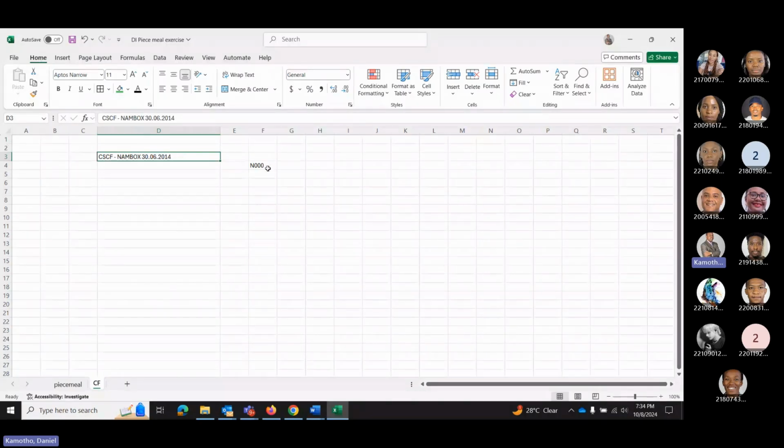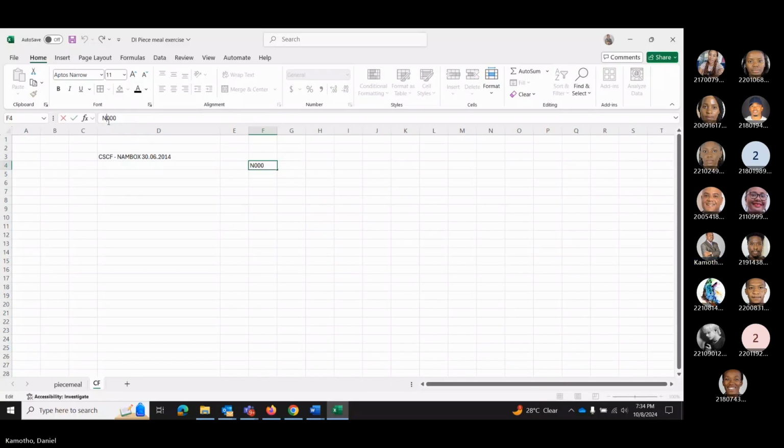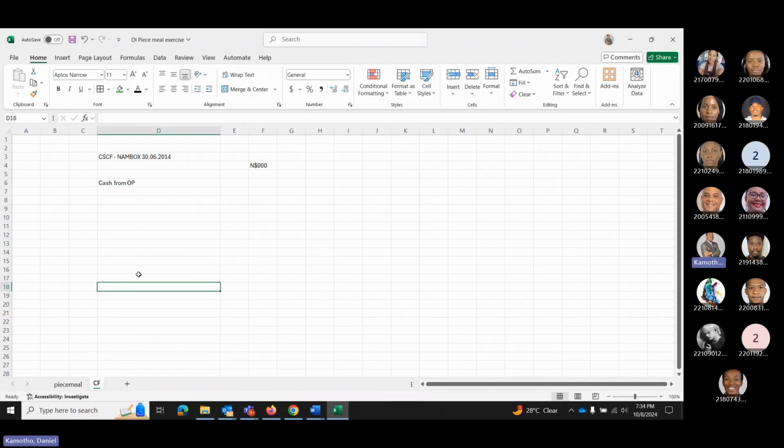Then the currency and estimation, we have said is Namibian dollar. And then we have said ideally, cash flow has 3 things. So we are saying cash from operating activities, which is the main thing, and I don't want to show a separate thing.